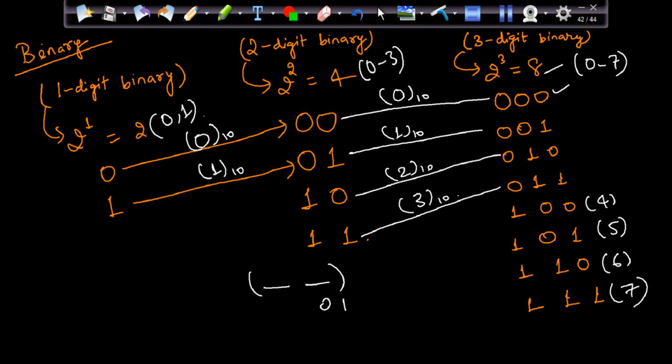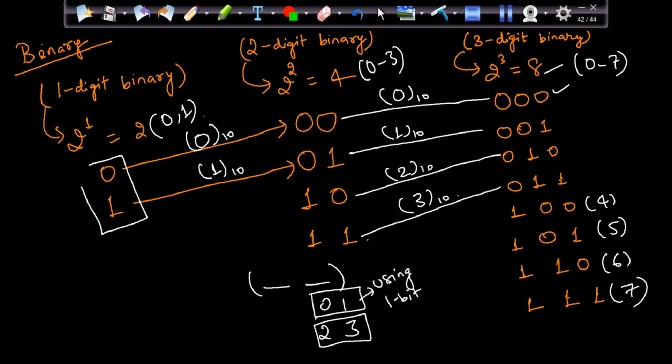It is 0 1 2 3, in which 0 and 1 you can represent using 1 bit only, and to represent 2 you need 2 bits. So these are the numbers that you can represent using 1 bit. So in 2-digit binary, you just add 0 to the left of it and you get 2 digits. And apart from that, it will include those numbers that you can represent using 2 digits.